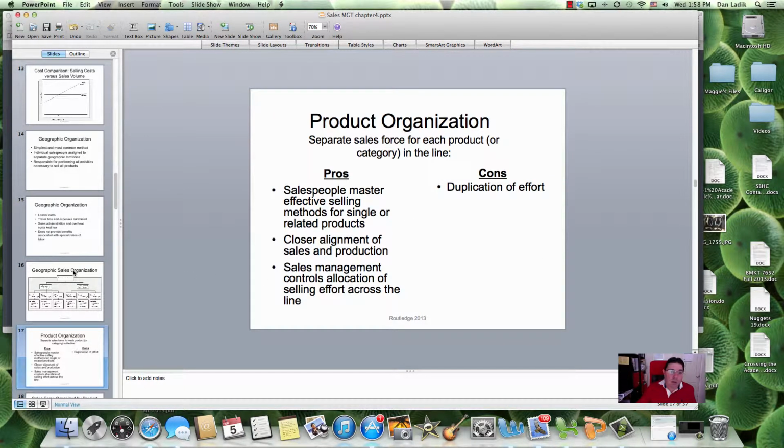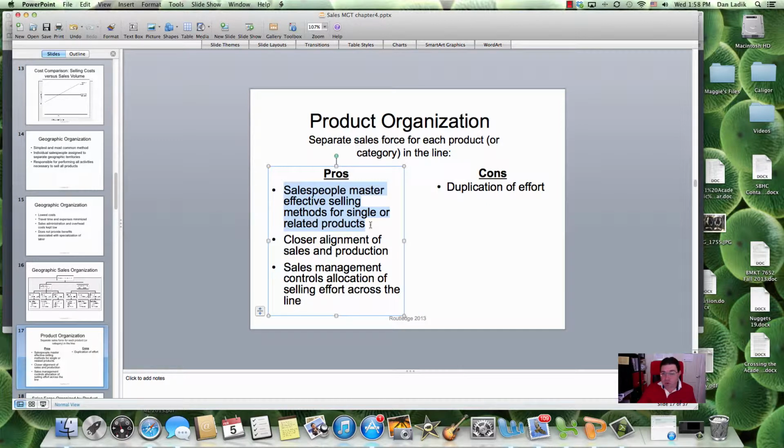Now, although geographic is very common, product is also very common too. The upside is you tend to have salespeople that are incredibly knowledgeable about one particular thing. This is very common within the pharmaceutical industry because you have to be licensed or pass certain tests for certain drugs.